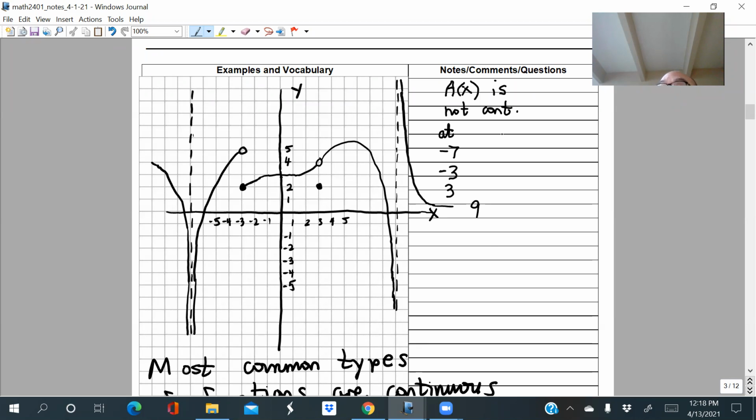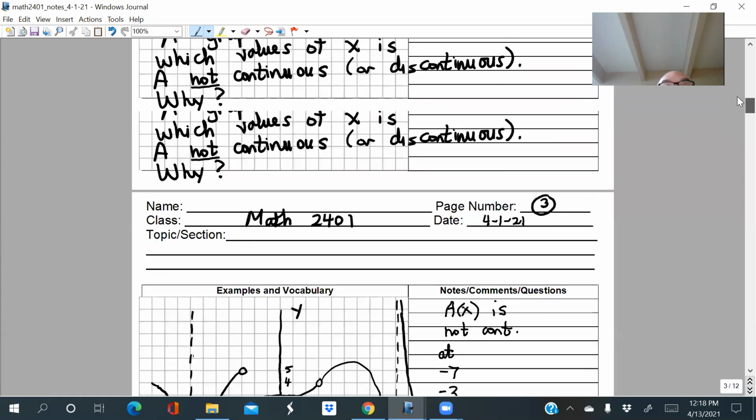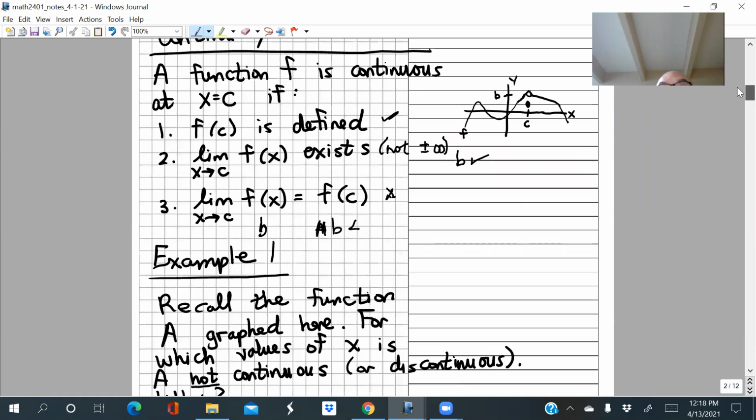Which of these three conditions does this function a violate so that it misses being continuous? So what about there at -7? What's the problem at -7 that keeps it from being continuous there? Which of these conditions does it violate?